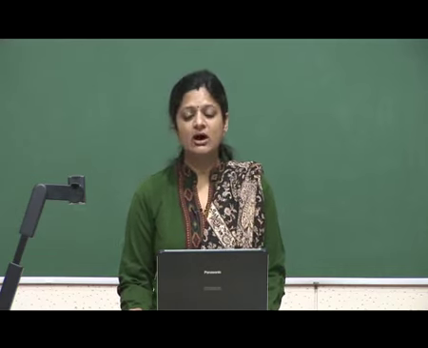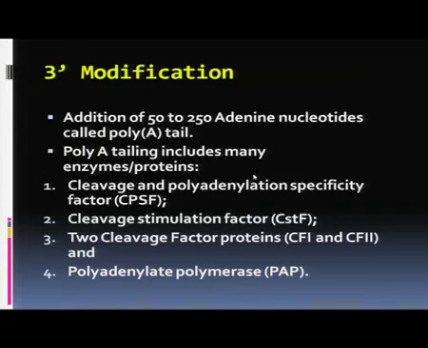This poly A tail formation includes many enzymes or proteins, and these are cleavage and polyadenylation specificity factor, that is CPSF. The second one is cleavage stimulation factor, that is CSTF, and it also includes 2 cleavage factors, that is CF1 and CF2, and it also takes the help of the polyadenylate polymerase enzyme, that is PAP.